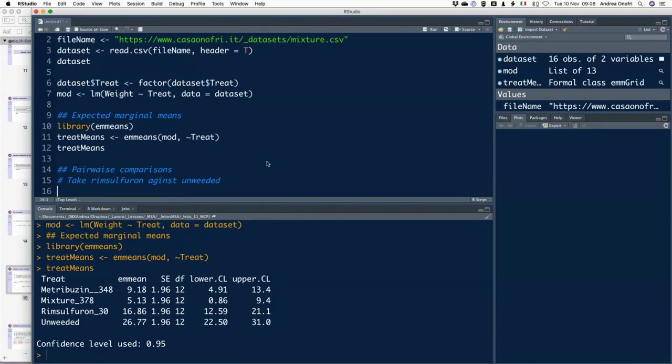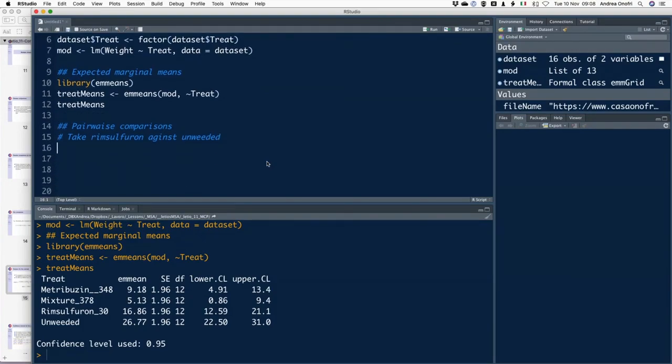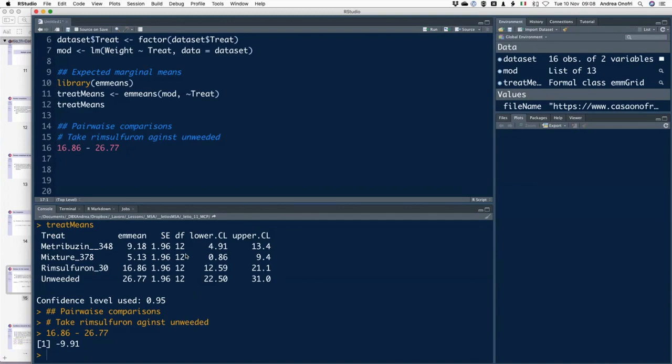So I have to take the third mean, which is 16.86, and subtract 26.77, getting minus 9.91. There is an approximation, of course, inside, because the means are approximated to the second decimal.